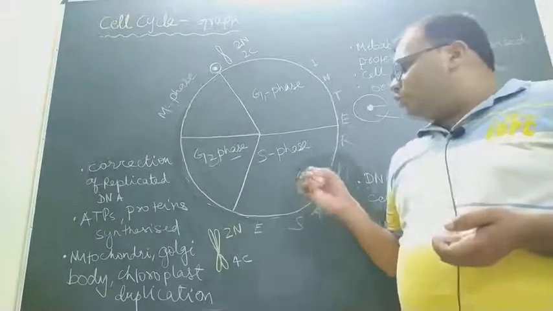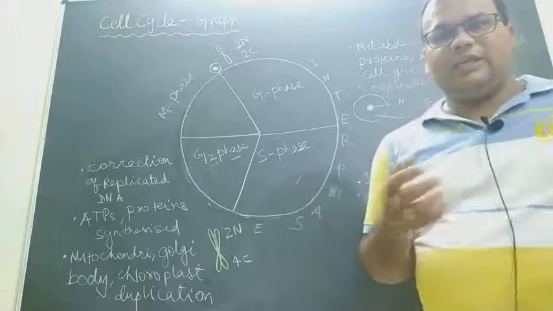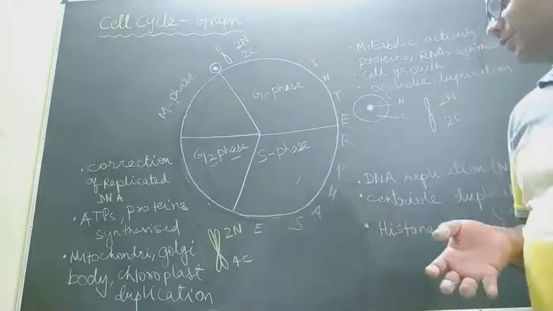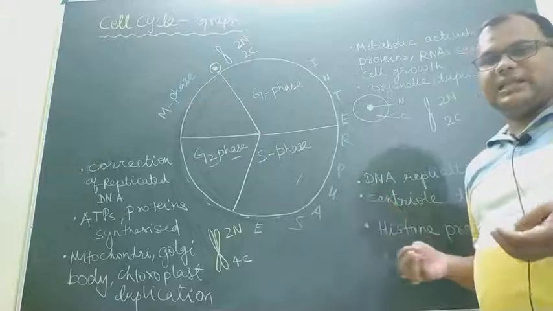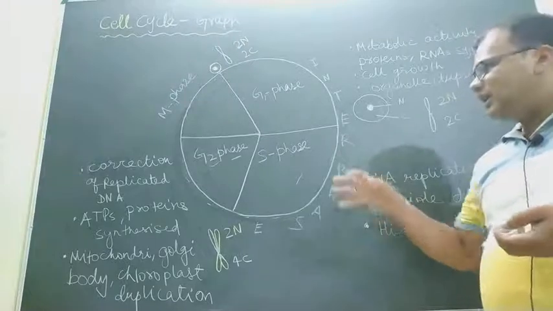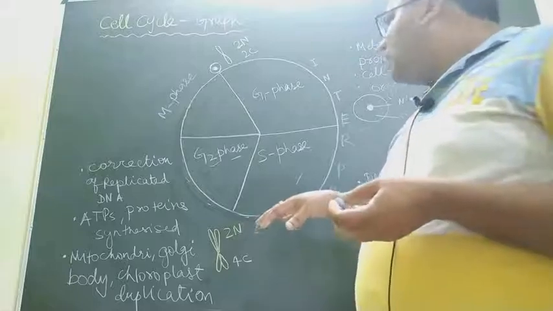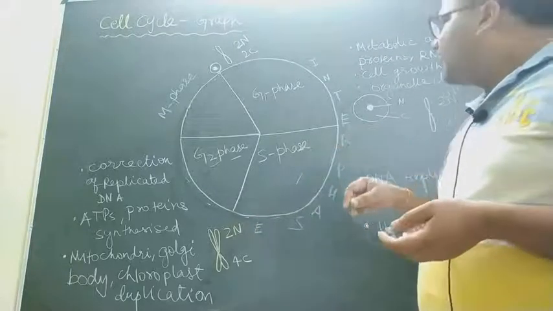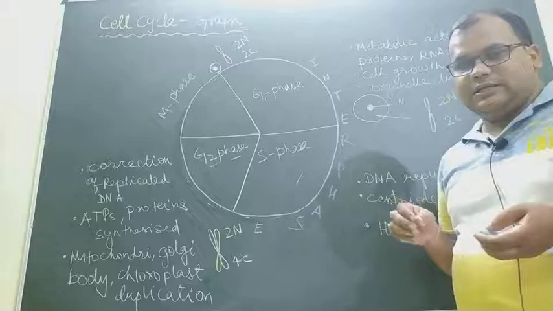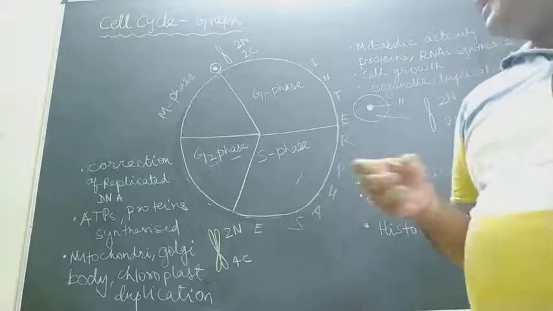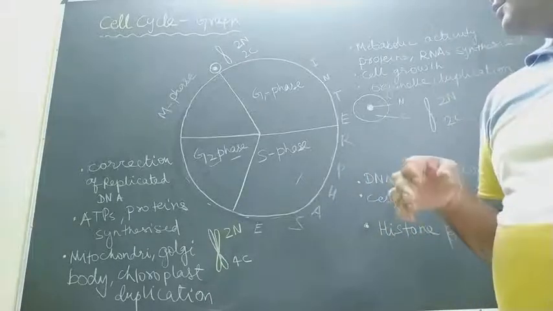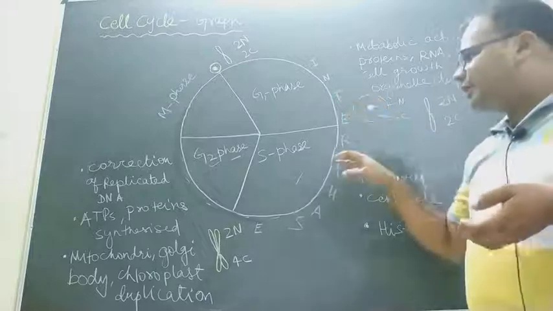So to avoid any anomaly or abnormality in the newly developed cell, all these phases are sequentially regulated and proceed in a highly coordinated manner.